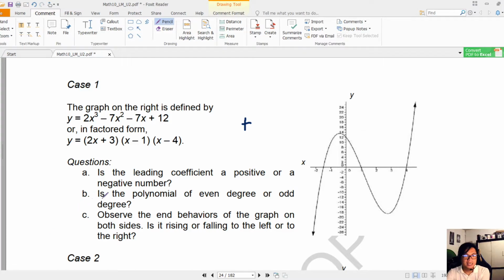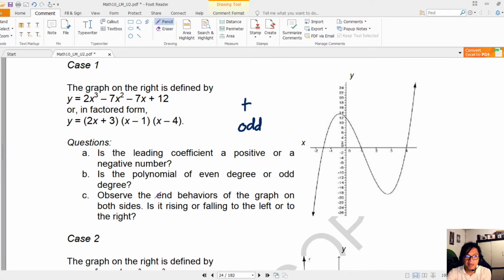Next, is the polynomial of even degree or odd degree? Yung degree ng polynomial ba natin, odd siya or even? So 3, since 3 siya, it is odd.